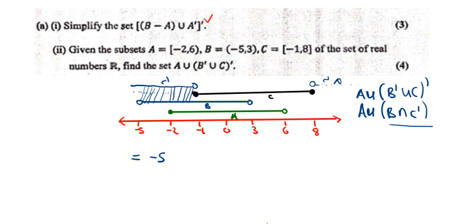It's open. Good, because it's not part of B. If it was shaded on B, then it would have been included, because it would have intersected with C complement.